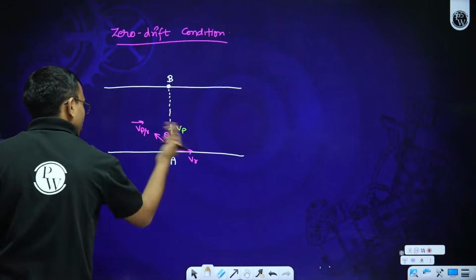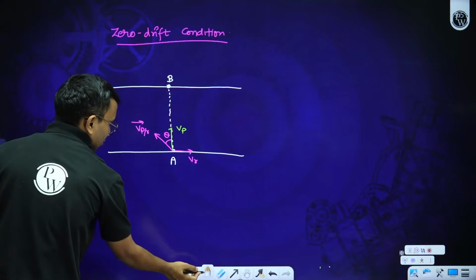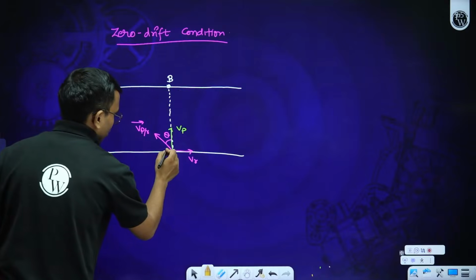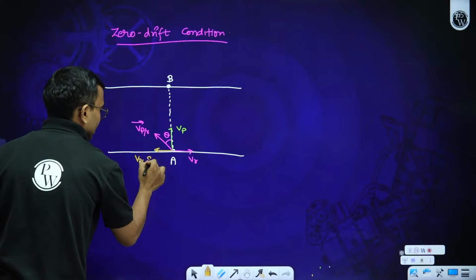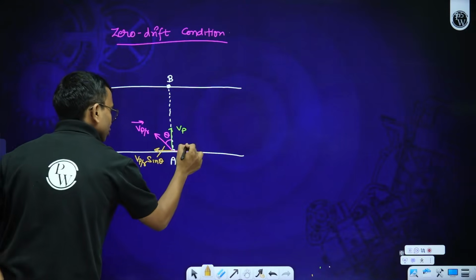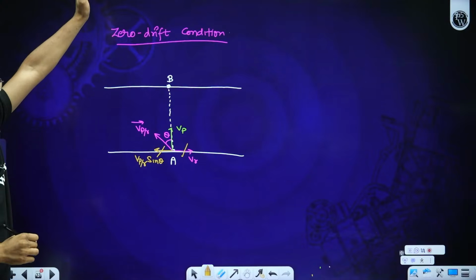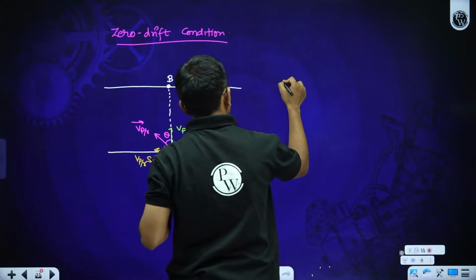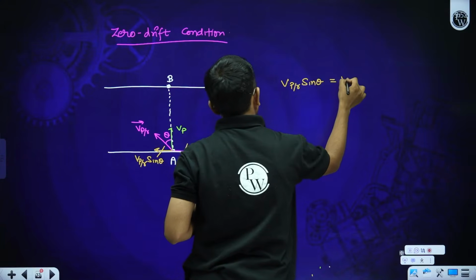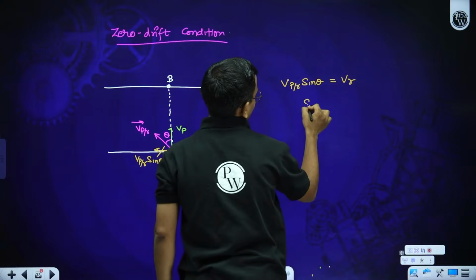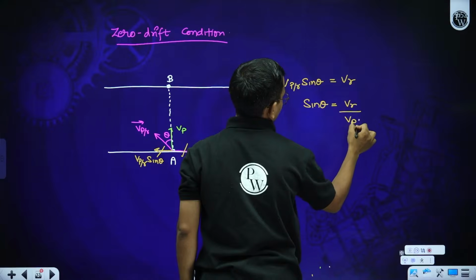So for the horizontal direction to cancel out, the horizontal component of the velocity of the person with respect to the river will be the velocity of the person with respect to the river times sine theta. This should cancel the river velocity. Then only the person can move in the resultant y direction. So the velocity of the person with respect to the river times sine theta is equal to the velocity of the river. So sine theta is the velocity of the river divided by the velocity of the person with respect to the river.